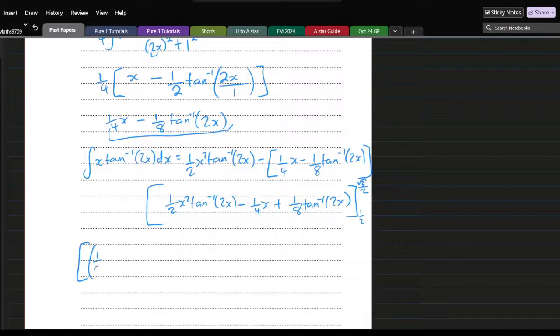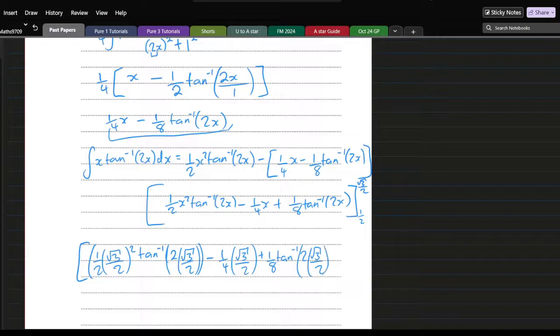So that's 1 over 2 times root 3 over 2 squared arctan of 2 times root 3 over 2, minus a quarter x, so that's a quarter root 3 over 2, plus 1 over 8 arctan, that's 2 times root 3 over 2. Okay, be careful with the brackets, there are a lot of brackets here.